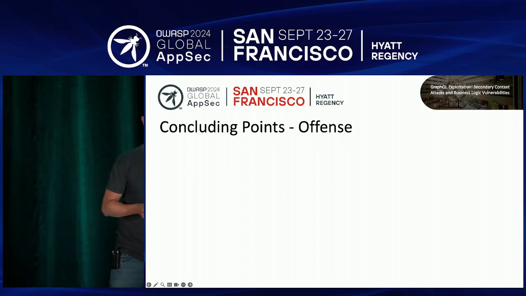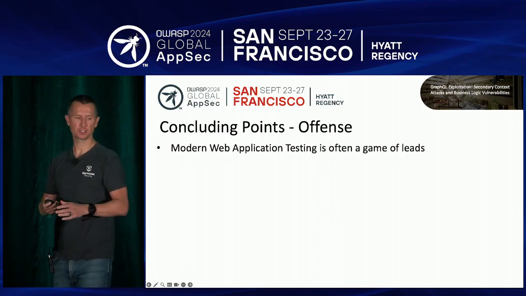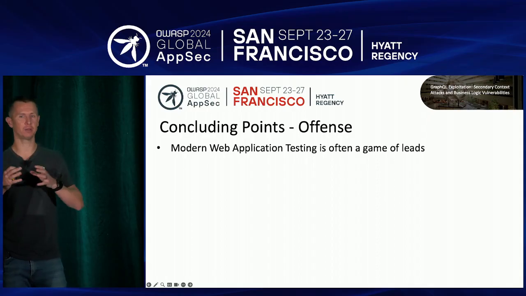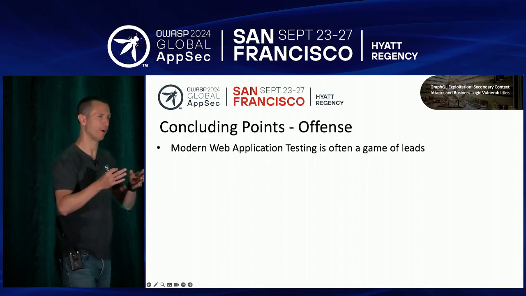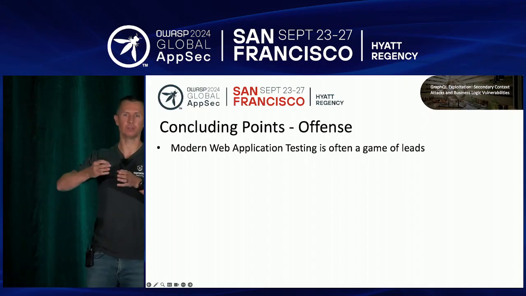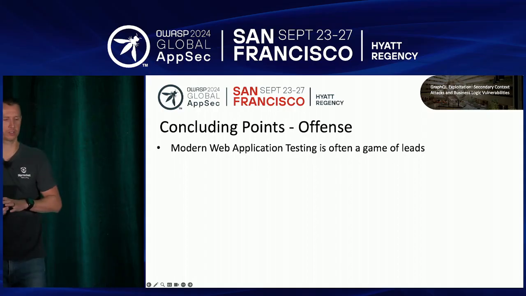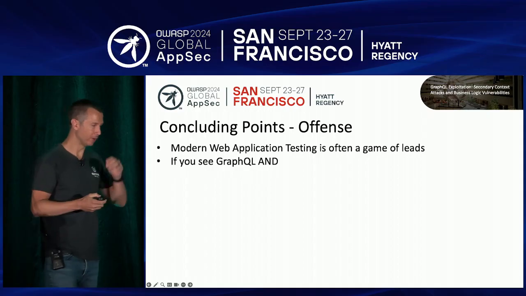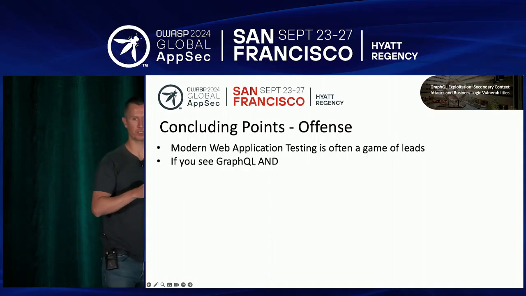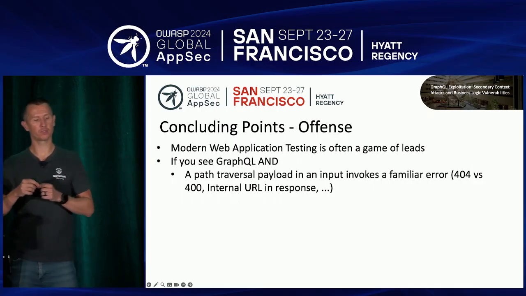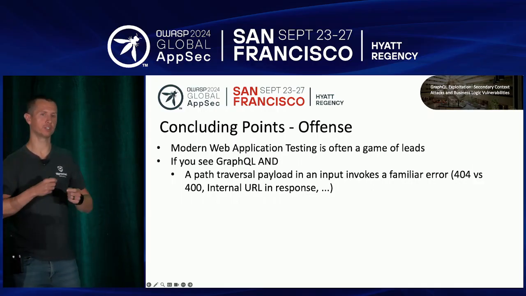Hopefully there's some questions. Concluding points on offense: I largely view modern web application testing as a game of leads. When I head into a web app, I imagine a giant funnel, and I'm just looking for leads or opportunities for different attacks or methodologies to try out. For this specific attack pattern, if you see GraphQL and a path traversal payload in an input invokes a familiar error, right?